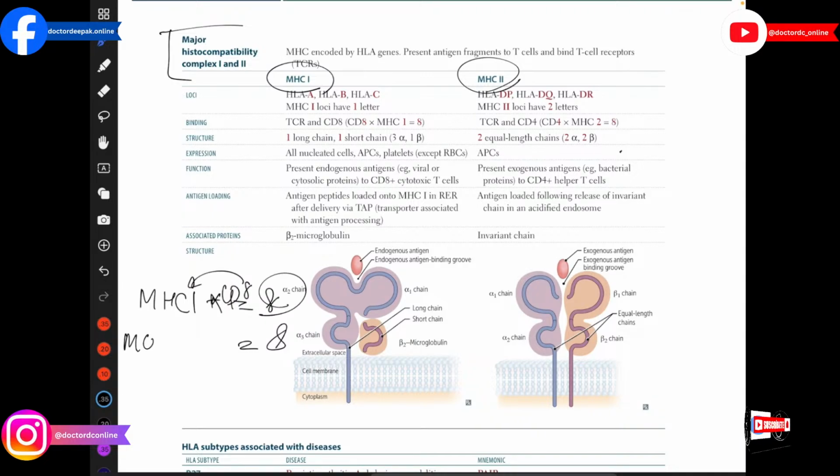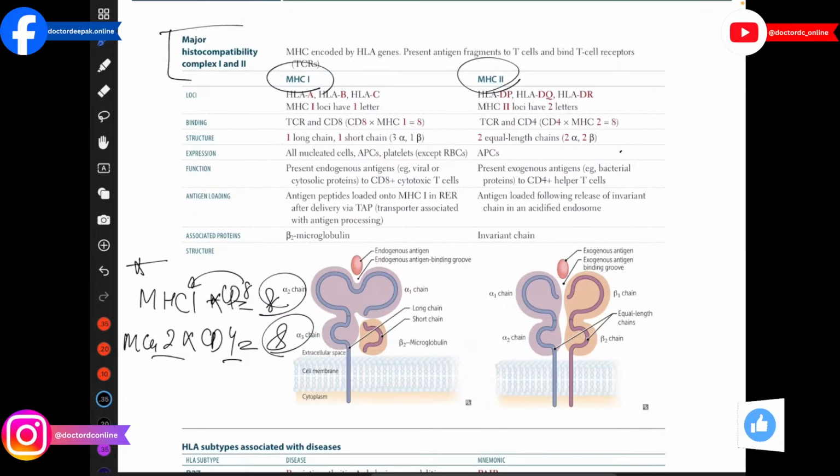If we make the combination MHC2 and CD4, then 4 multiplied by 2 is 8. So it is the best mnemonic to memorize the relation of MHC1 and MHC2 with CD8 and CD4. The answer should be 8, according to the rule of 8.